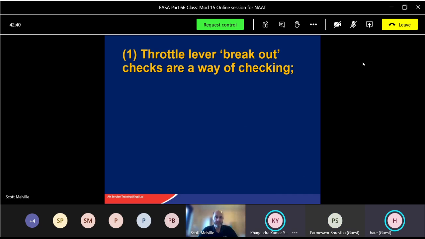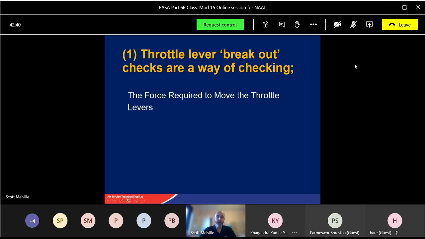So checking for the throttle lever. Yeah, how much force is required to move the throttle forward and backwards. 1.5 and 4.5. Yeah, you beat me to it, that was going to be the next question. So we're looking at basically the force required to move the throttle lever, like I said, 1.5 pounds-feet to about 4.5 pounds-feet, thereabouts.